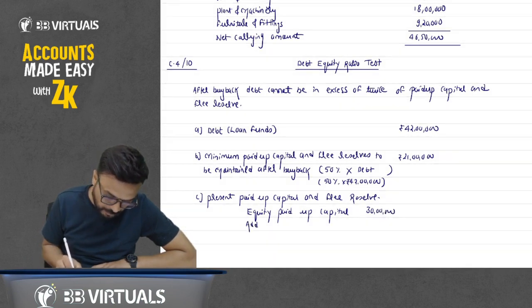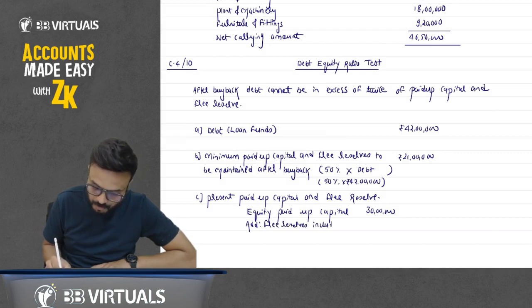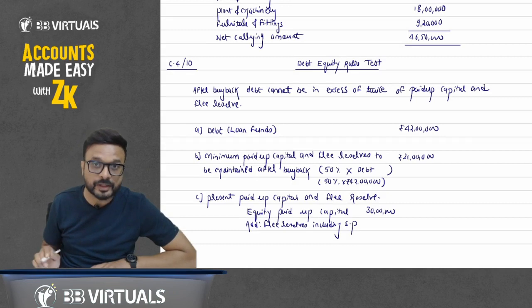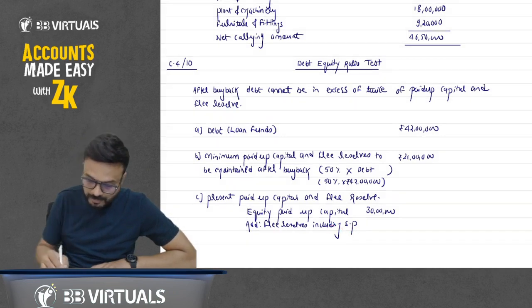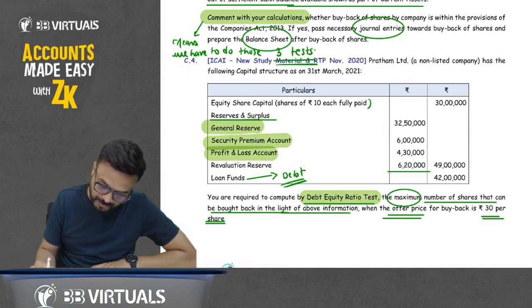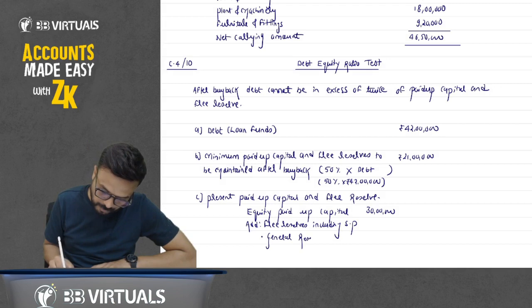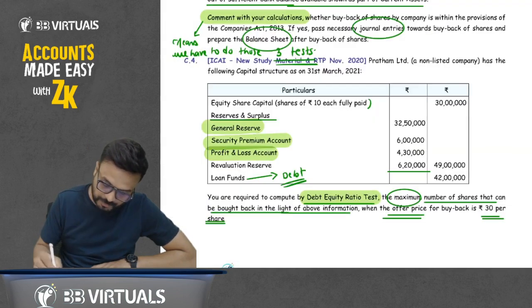Add free reserves. Remember, free reserve means including securities premium, so write down securities premium. Free reserves including securities premium. So how much do you have? General reserve 32 lakh 50,000.